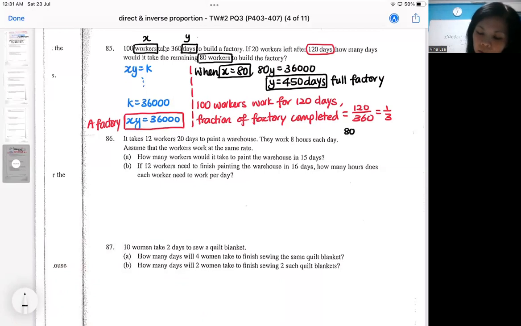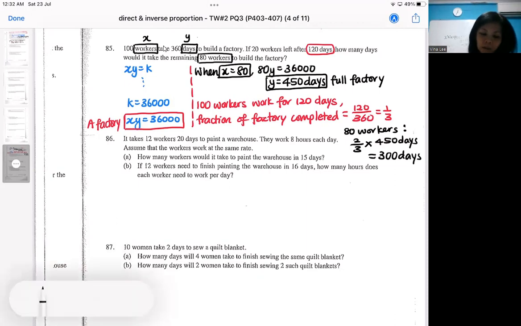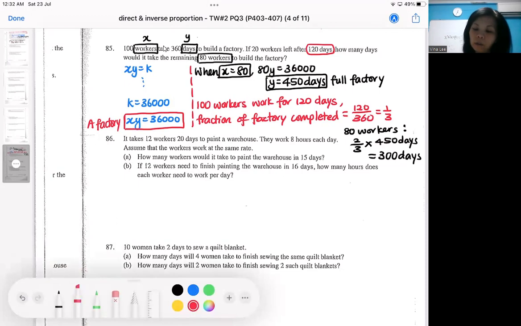The 80 workers only have 2/3 of the factory, so they don't need to work a full 450 days. They just need to work 2/3 of the 450 days, which is 300 days to complete the factory. So the final answer is 300 days.